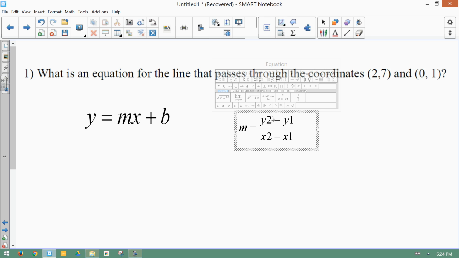I want this to look the way you're normally accustomed to seeing it, so let's go ahead and make these smaller. I only have to do this once.